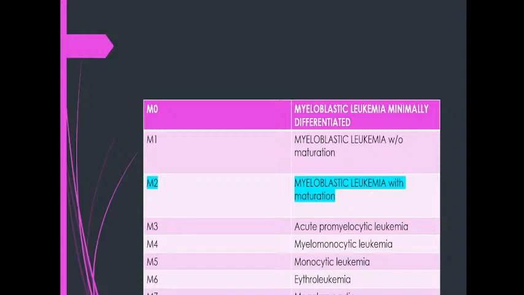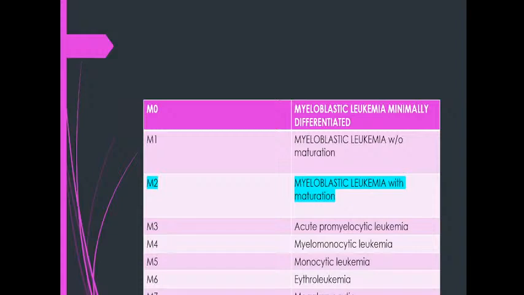But as of the moment, according to some of my previous students as well as my classmates who took the exams in different places around the world, they still haven't been asking questions about AML's World Health classifications. But there is also one. But a lot of hospitals still rely on FAB classifications. So this is the one that we're going to discuss.